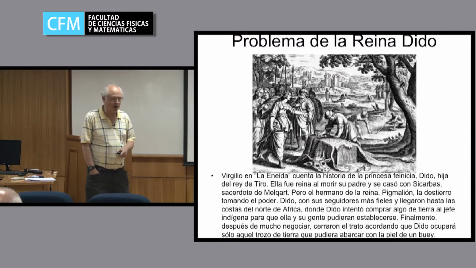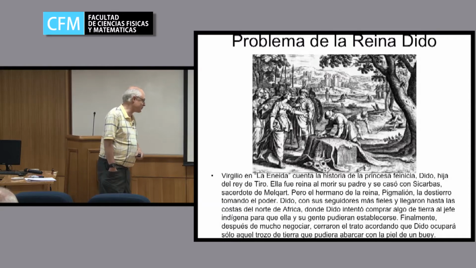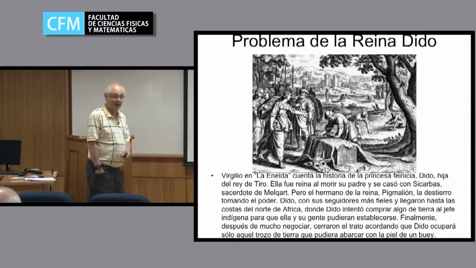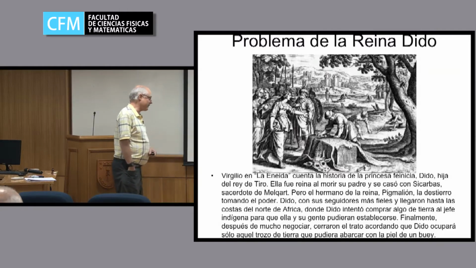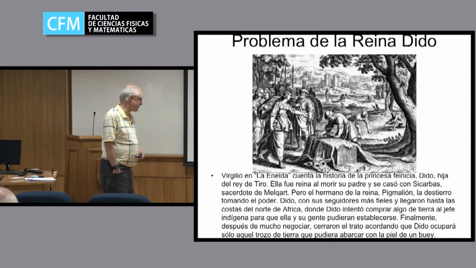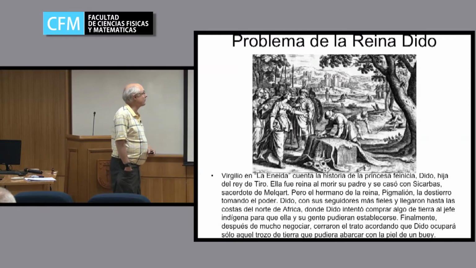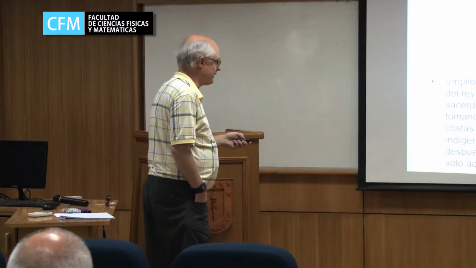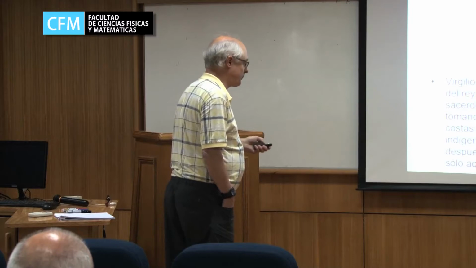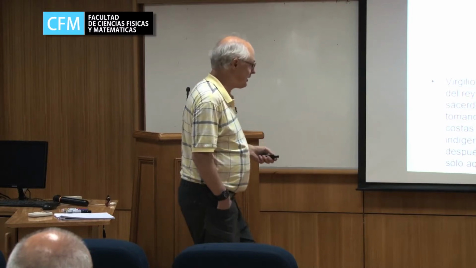And so she outfitted a fleet and took the people who were loyal to her and left across the Mediterranean, and wound up landing in North Africa, in what's present-day Tunisia. And so the myth of Queen Dido, which is perhaps a bit more than a myth, is in fact recorded by Virgil in the Aeneid, which would have been well after the actual time of Queen Dido.